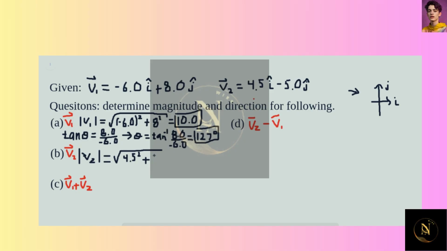A negative number squared is just going to be positive, so we can write that as positive. And this equals 6.7.